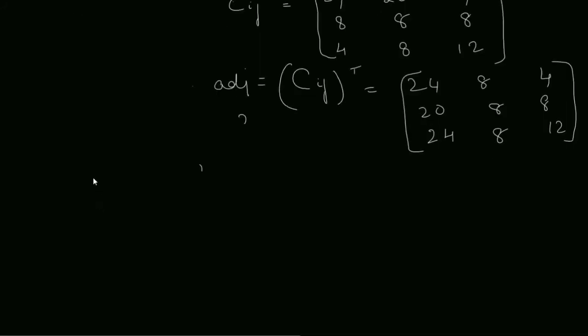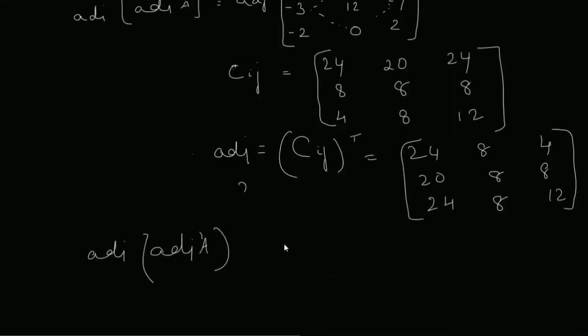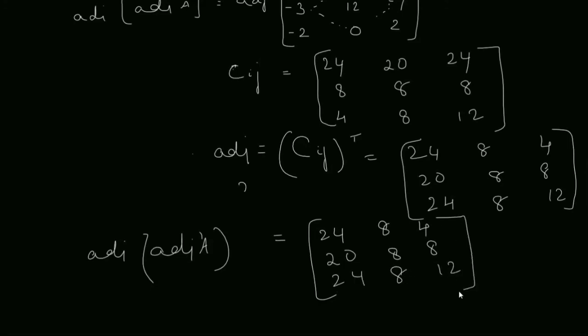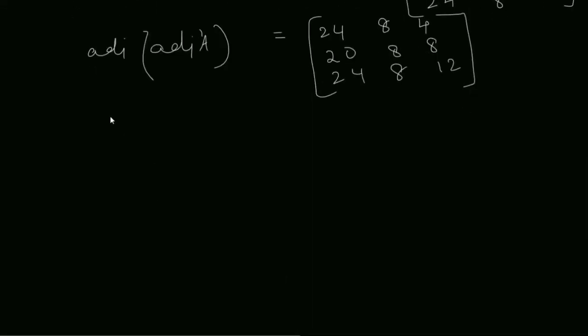So we have found the adjoint of A: 24 8 4, 28 8 24 8 12 (as rows of the adjoint). Now the question is to find the A matrix.